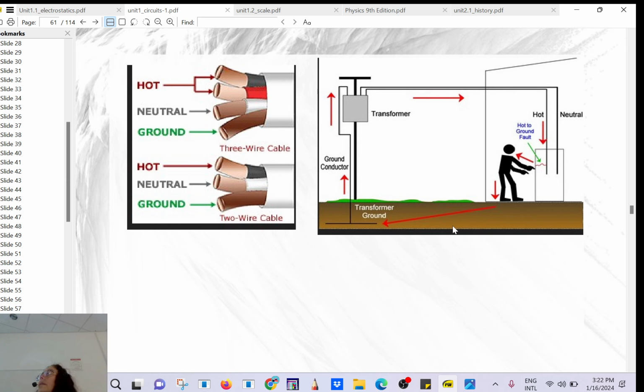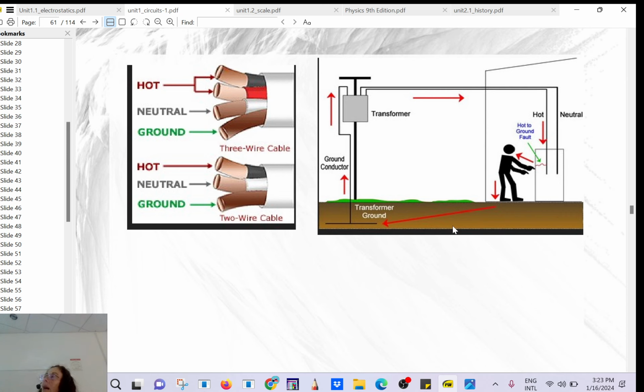Not good, not good. For example, for the European Union, and I think Africa also uses it, outlets, you would be toast, basically, if you touch the outlet. Oh, okay, no, it's another thing. In Europe, instead of having 120 volts, they have 220 volts.